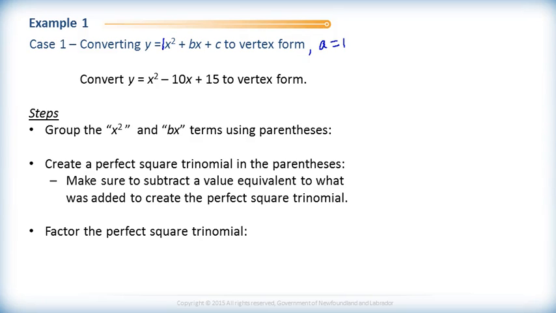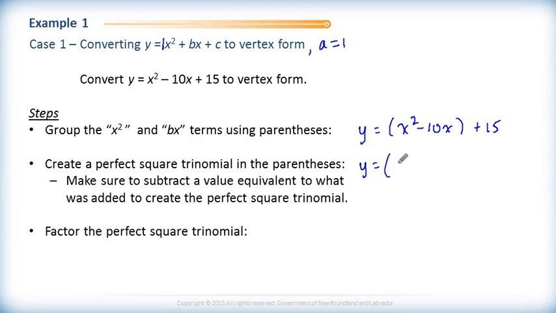In this first example, we have 1x squared minus 10x plus 25. The first step here is to group the first two terms, the x squared and the minus 10x in this case. So we just put them in parentheses or brackets, as we say in Newfoundland, like so.